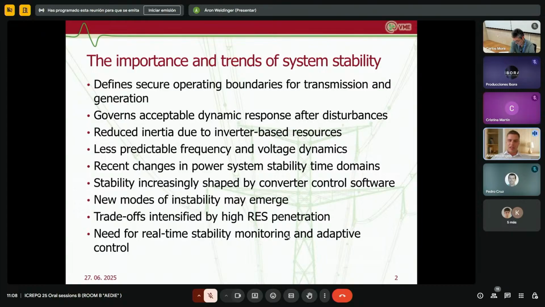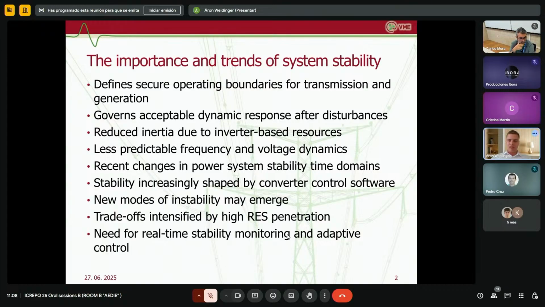Traditional stability types like frequency, voltage, and rotor angle stability are still crucial, but they are now much more interconnected. Stability is no longer just a property of rotating machines. It's increasingly shaped by converter control software.